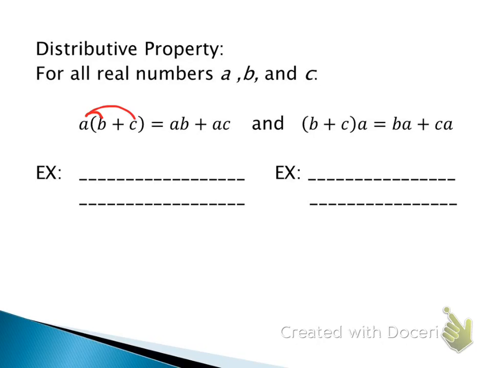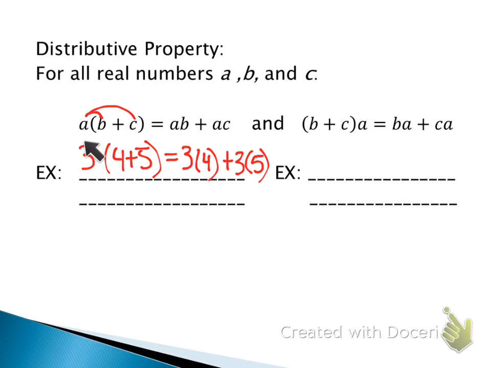For example, we could take 3 times the quantity 4 plus 5. That would be the same as 3 times 4 plus 3 times 5. So we take the number or variable, whatever it is out in front, and multiply it to both things inside the parentheses.